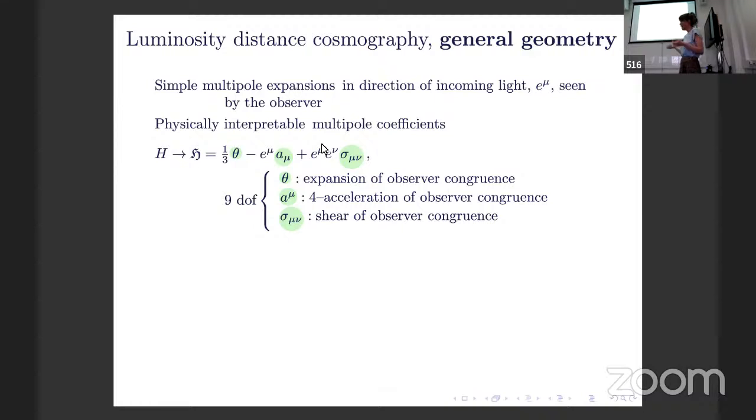These are degrees of freedom that we might in principle determine from data if we have enough of it. Now we have 9 parameters to determine instead of 1 in the FLRW case, but this we can do and extract information about these variables that in turn tells us about the kinematics of the universe around us.